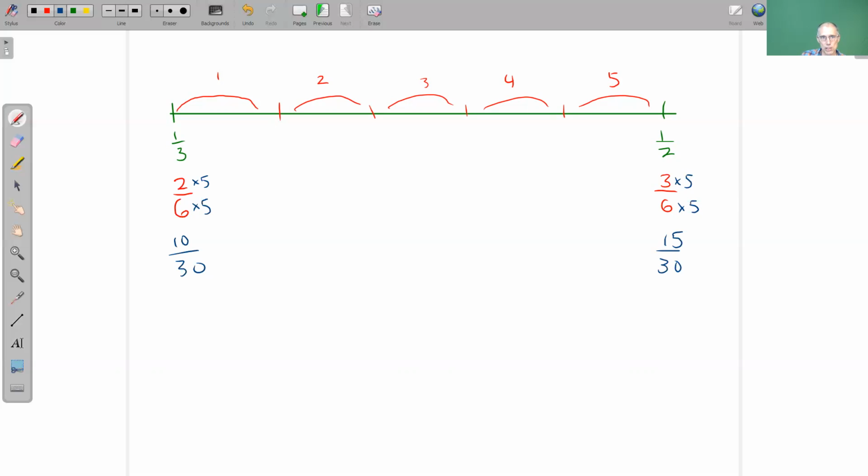And so this right here should be 11 out of 30, and 12 out of 30, and 13 out of 30, and 14 out of 30. The next one would be 15 out of 30, which is 1/2. And so now, not only did I find 4 fractions in between, they happen to be equally spaced.